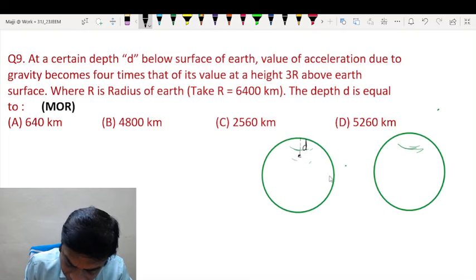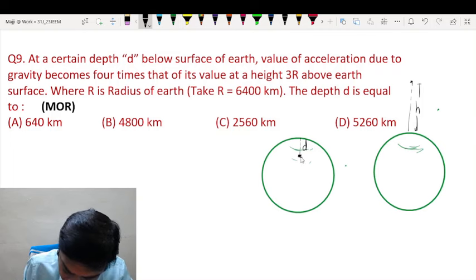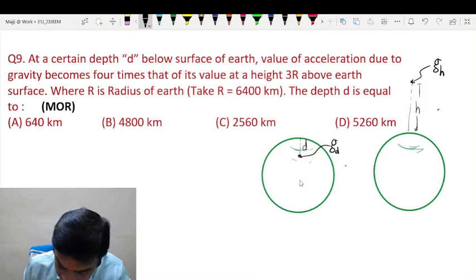This is the point. And then there is a point at a certain height h above the Earth's surface. I'll take the acceleration due to gravity here as g_d and here as g_h. R is the radius of Earth, that is clearly given.